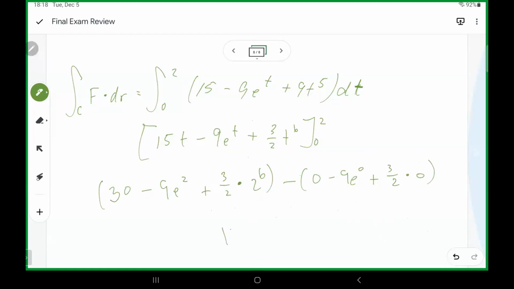So that gives us an answer of 135 minus 9e squared.